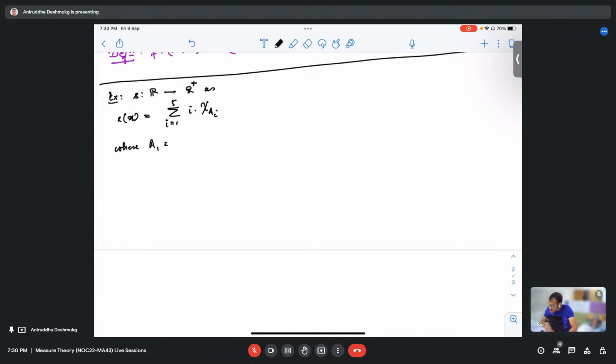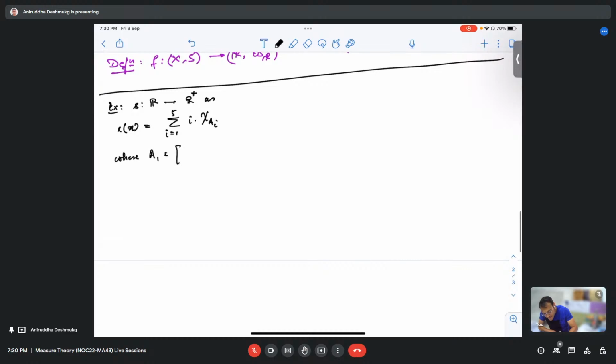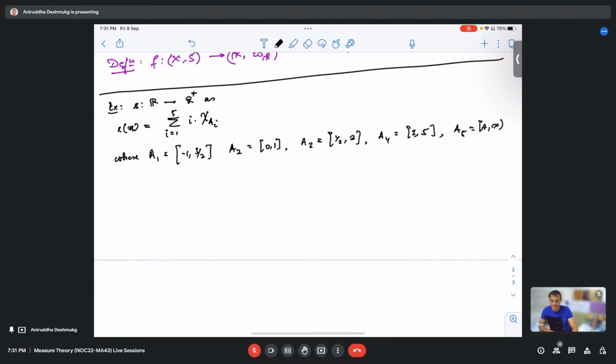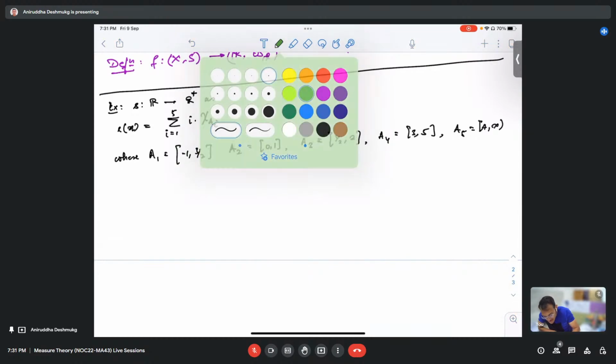A1 is minus 1 to 3 by 2, A2 is 0 to 1, A3 is half to 2, A4 is 3 to 5, and A5 is 4 to infinity. So these are 5 sets, and this is a linear combination of these characteristic functions. I am not calling it a simple function for the time being.